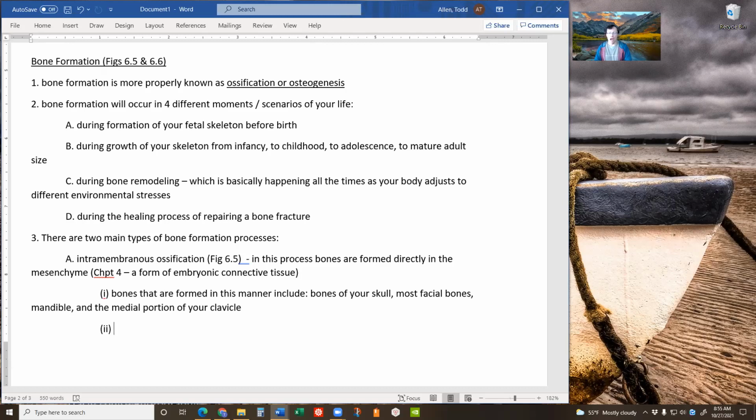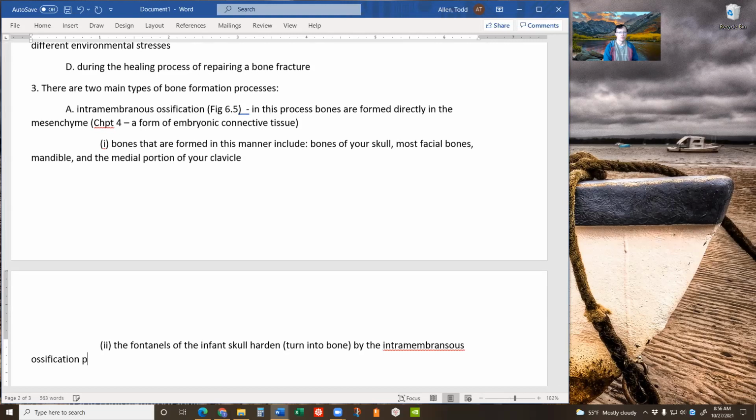Okay. Well, how do they ossify? They ossify by intramembranous ossification. The fontanelles of the infant skull harden, meaning they turn into bone, by the intramembranous ossification process.